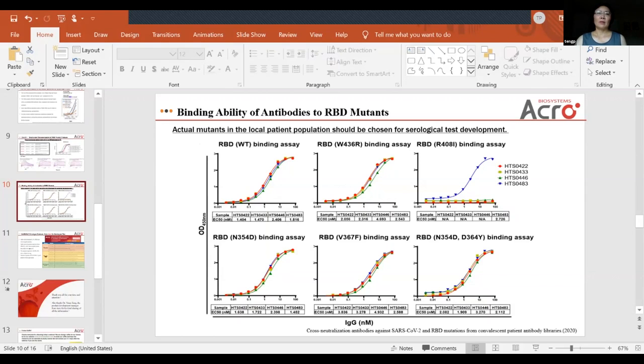When you develop serological test kits, we suggest that it's better to consider the actual mutants in the local patient population and use those actual mutants to develop your serological test method. And we can also provide customized production of your mutants of interest for your serological test development.